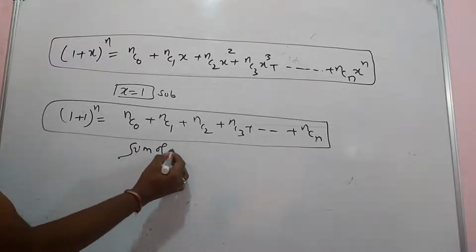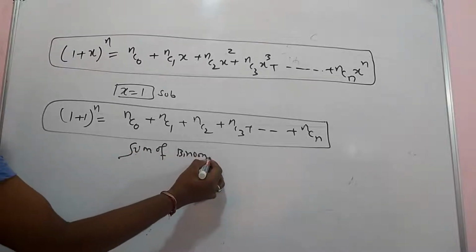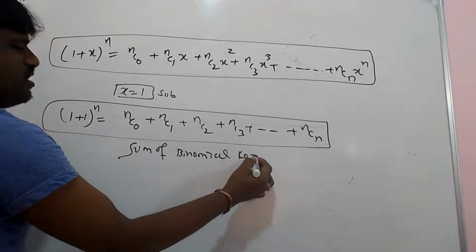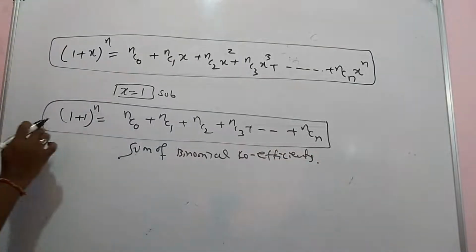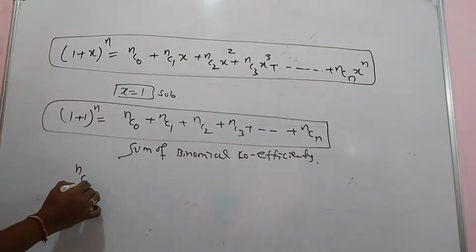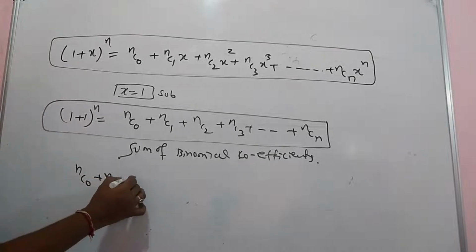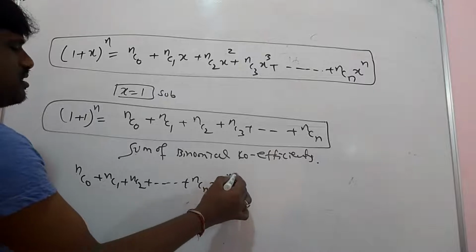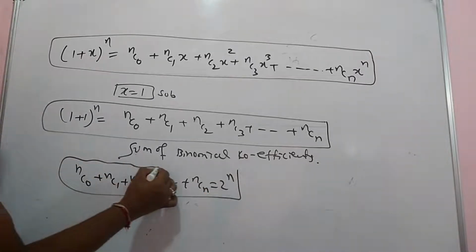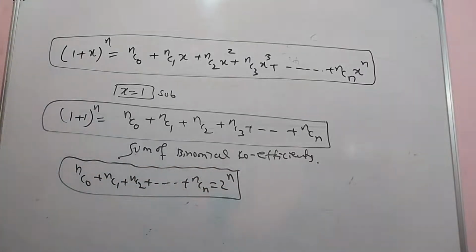The sum of the binomial coefficients is 2ⁿ, that is nC0 plus nC1 plus nC2 plus so and so nCn is 2ⁿ. This is the formula for the binomial theorem. Okay, the sum of the binomial coefficients will give you 2ⁿ.